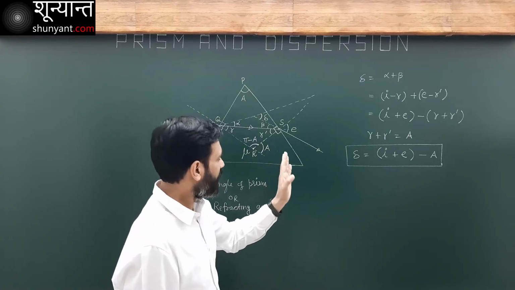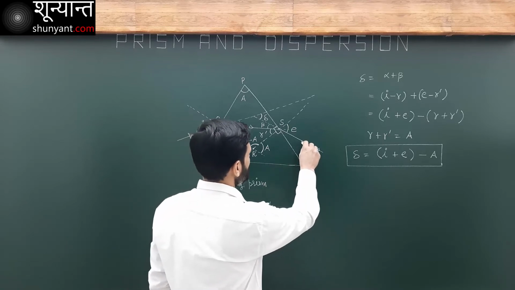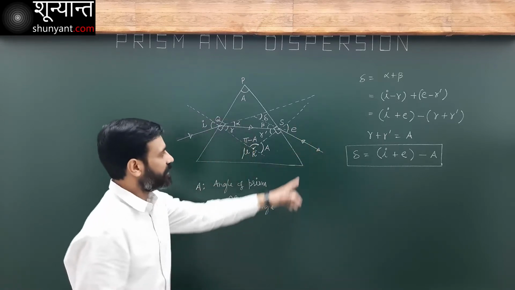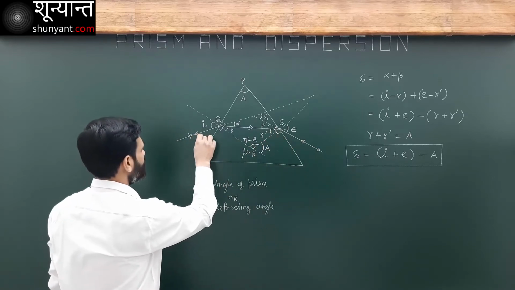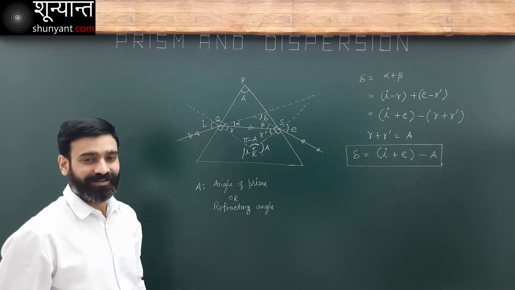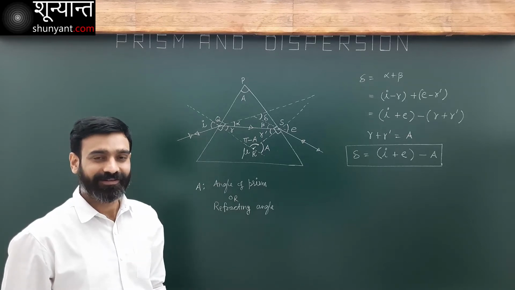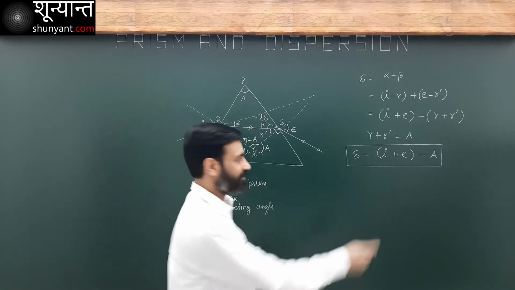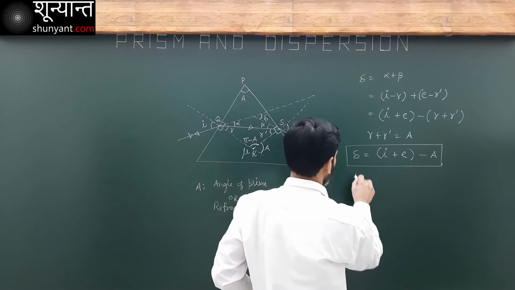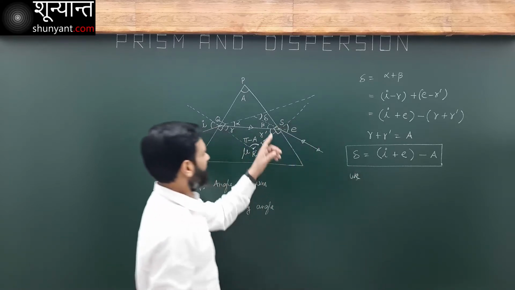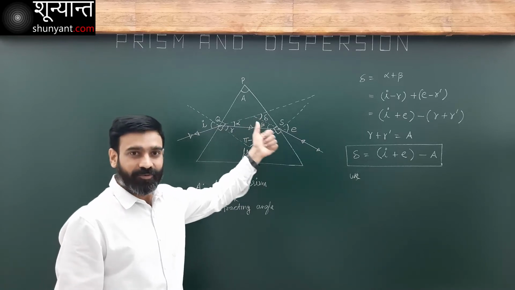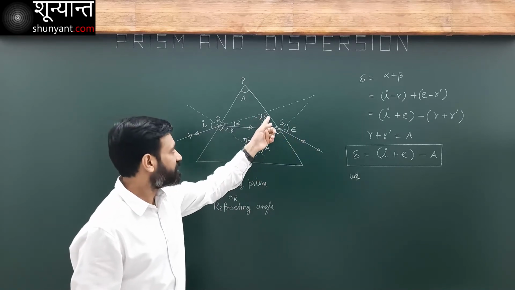If I send my light in this direction, then it is going to come out in this direction. That means delta will be the same. It will be the same delta here.